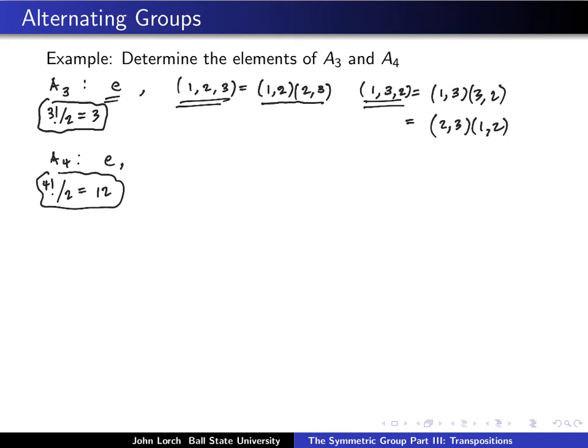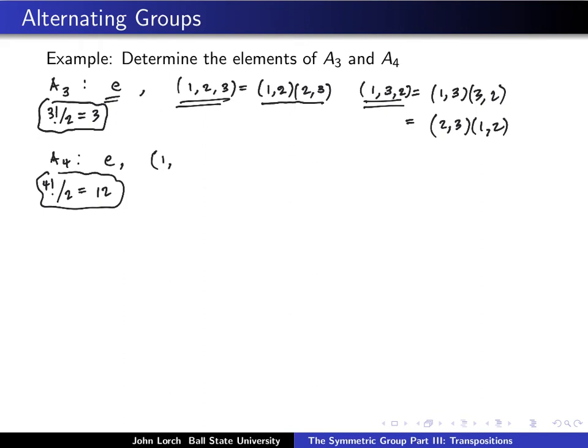Now, why don't we do what we did in A3 and go looking around at some cycles? 4-cycles aren't going to do us any good, because remember that 4-cycles are written as a product of 3 transpositions and 3 is odd. So the 4-cycles are bad. So why don't we look at some 3-cycles instead? We have to be careful to make sure we get them all.